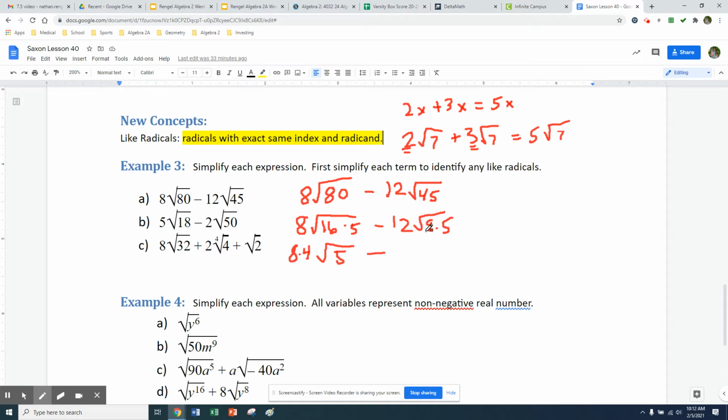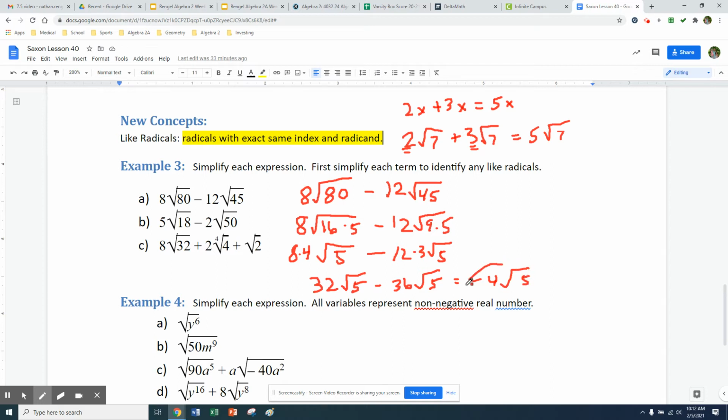Next, I have a 12. When I square root that 9, it becomes 3. So that's going to be a 12 times 3 out in front, and then the root of 5 stays underneath. Now finally, I've got a 32 root of 5 because I can multiply the 4 and the 8. Minus 36 roots of 5, which is going to give me negative 4 roots of 5.